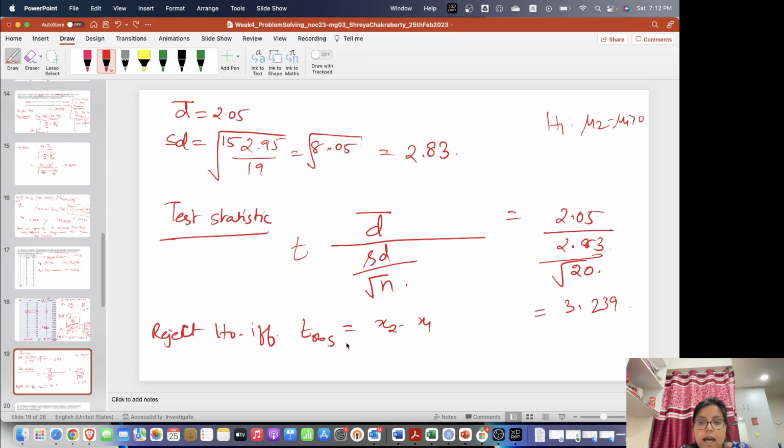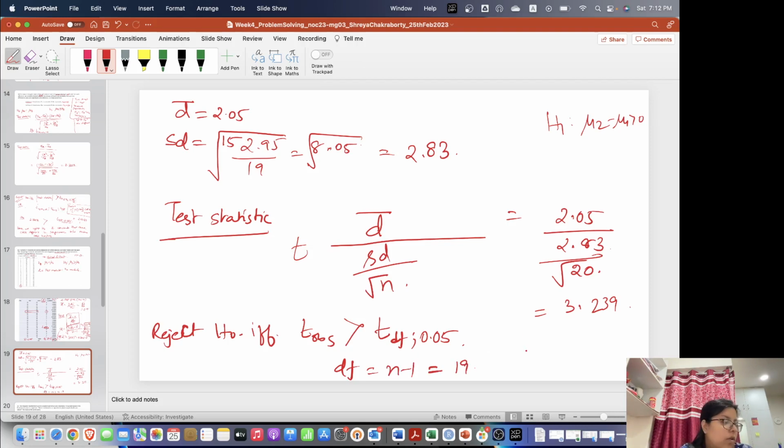So the null rejection rule will be: reject H naught if and only if T observed is greater than T of some df at 0.05, where df will be n minus 1, that is 19.